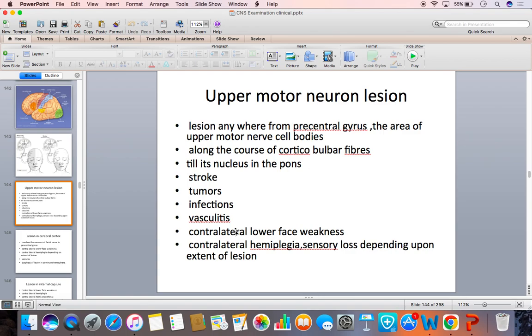It could be due to stroke, tumors, infections or vasculitis. It results in contralateral lower face weakness and contralateral hemiplegia, sensory loss, depending upon the extent of the lesion.